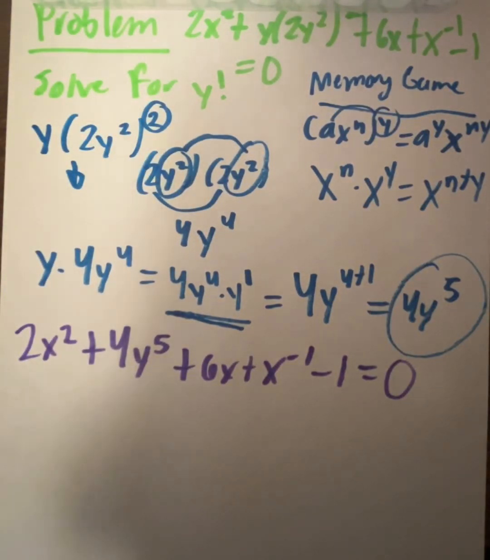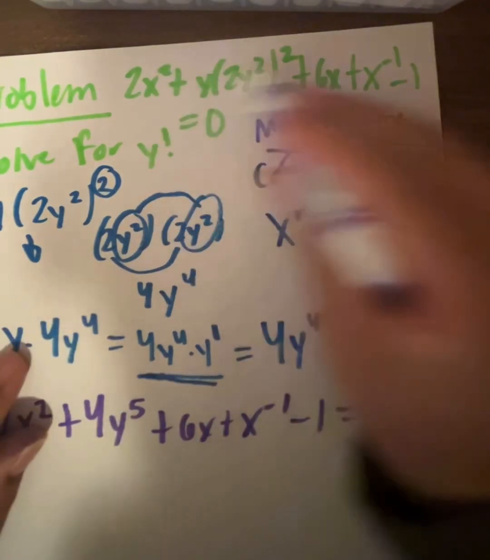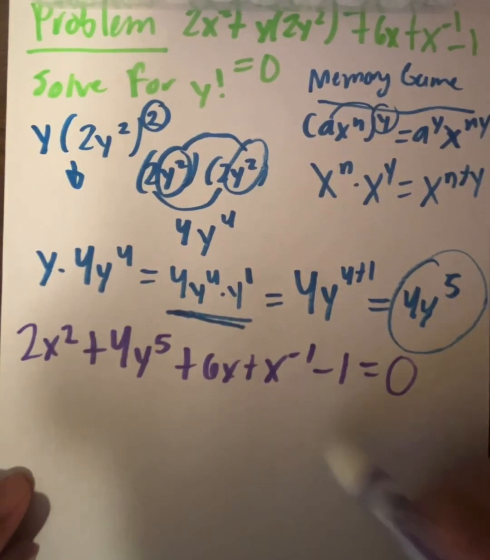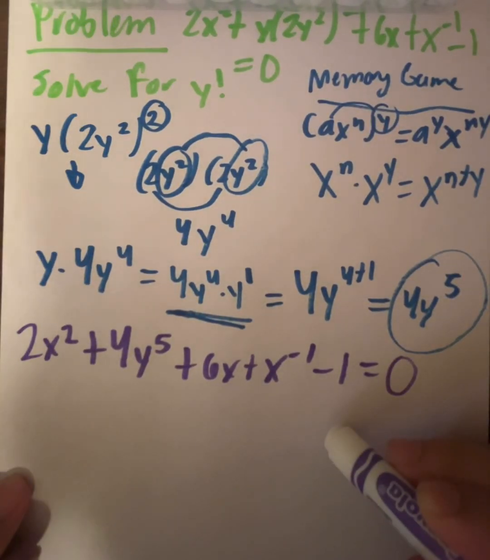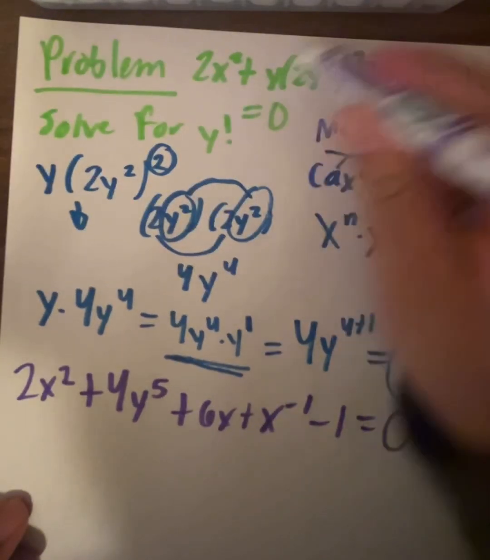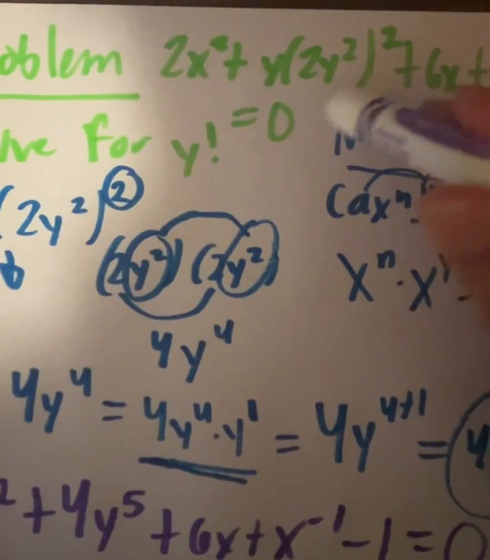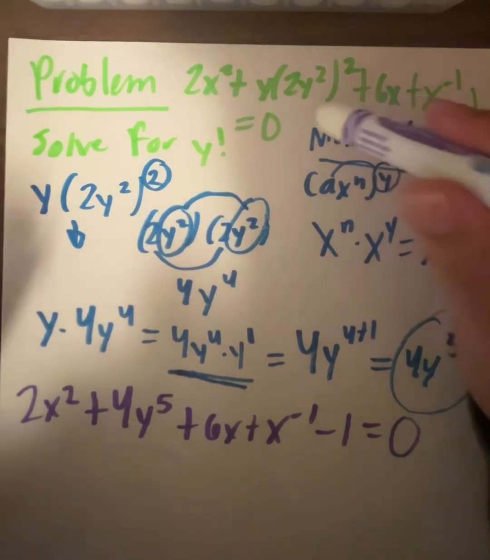You see how it looks less clumpy? Compared to our problem, what we have right here is probably friendlier to look at, since we don't have this going on right there.